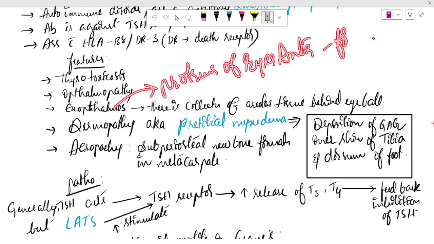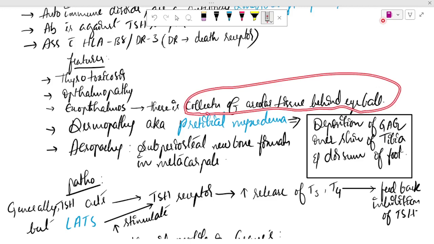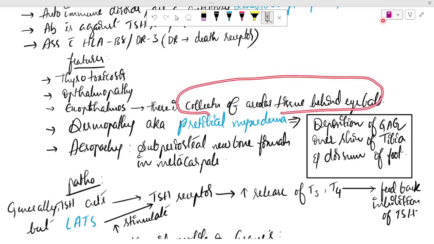Eyes will come like this. That is called exophthalmos. Why will there be a protrusion of eyes? Due to collection of areolar tissue behind the eyeball.